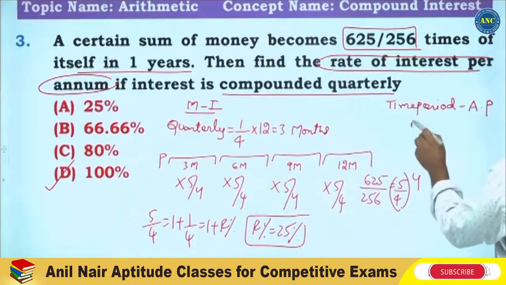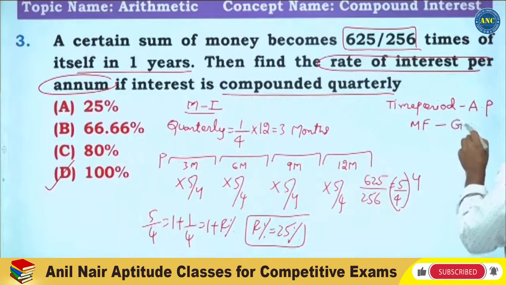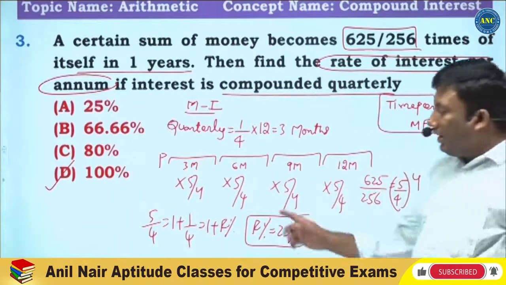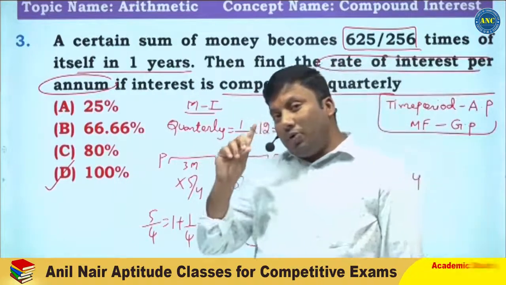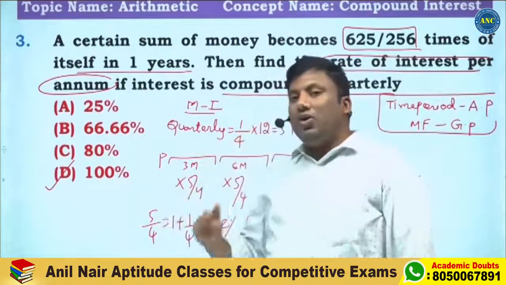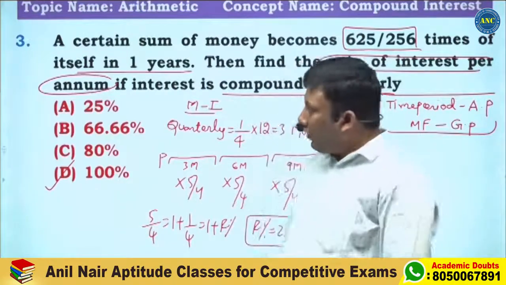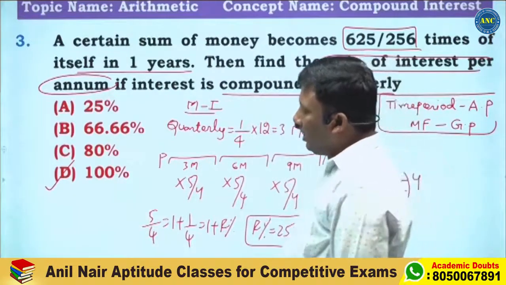Multiplication factor will go in GP. Only thing, do not take it as the rate of interest, since it is compounded quarterly. Quarterly I got 25 percentage. Annually it is into 4. 25 into 4 is 100.